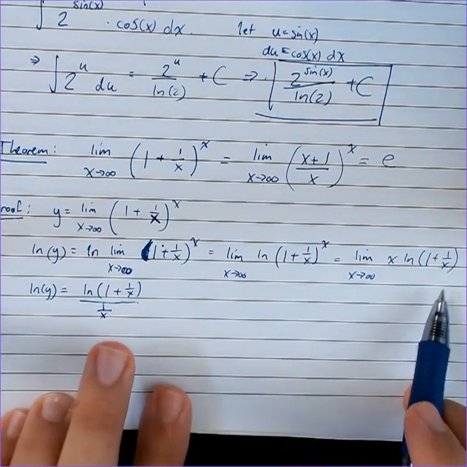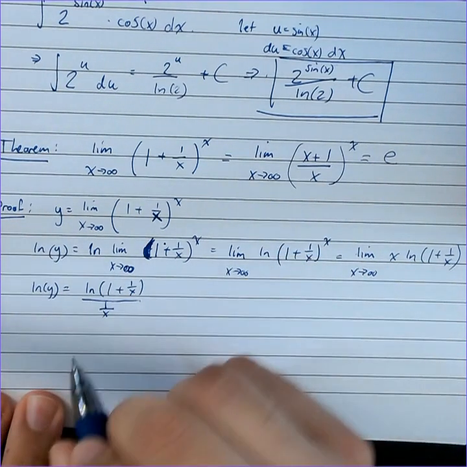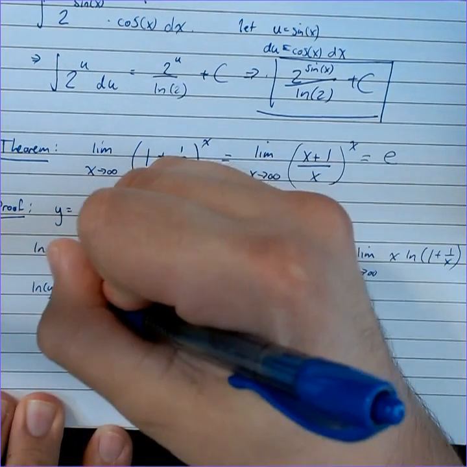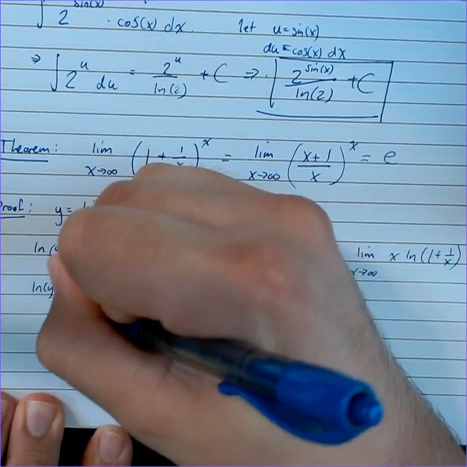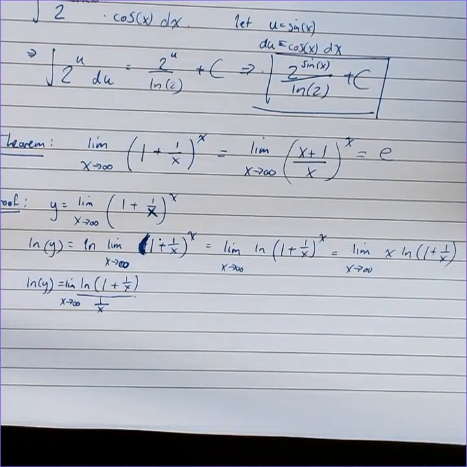Take a moment to convince yourself that means exactly the same thing. Oh, my apologies, I forgot to write the limit here. That should be limit as x approaches infinity. There we go. Now they mean the same thing.